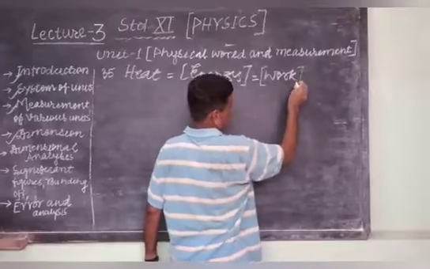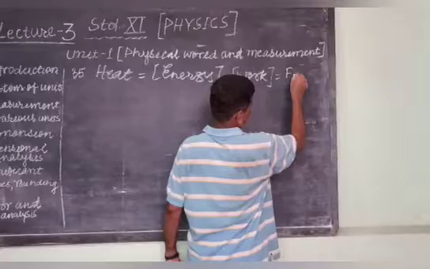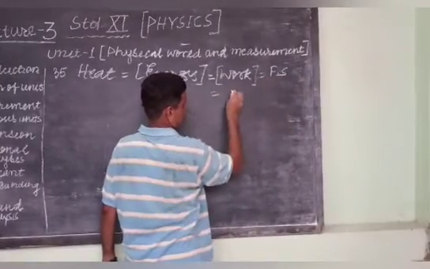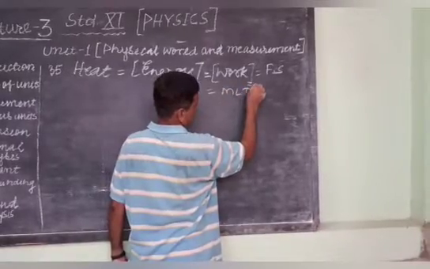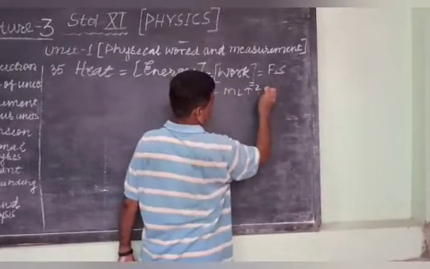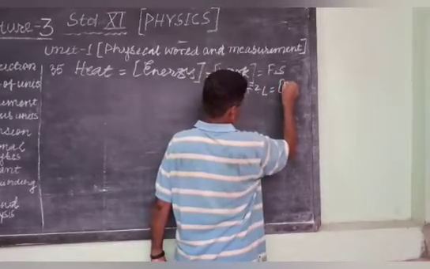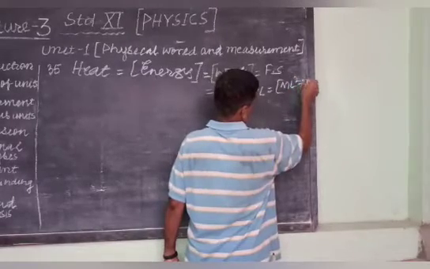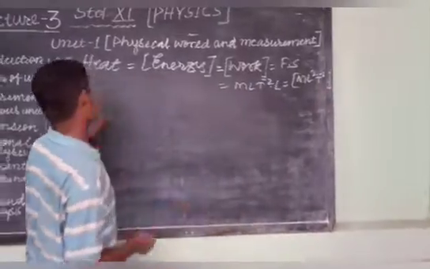Dimension of work, and work done is equal to F into S. F is the force, m L T to the power minus 2, into L. Finally, m L square t to the power minus 2. Dimension of heat.